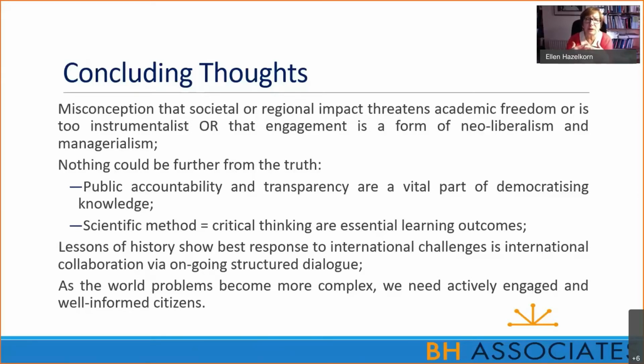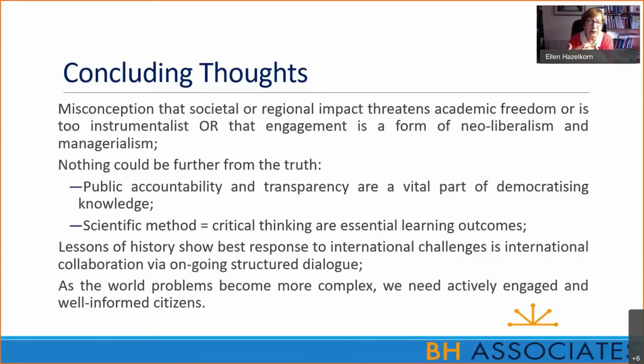Public accountability and transparency is a vital part of democratizing knowledge, and it is part and parcel of that shift from an elite society to a mass society of people who contribute to it. The scientific method that we talk about is equivalent to the notions of critical thinking that we say are essential learning outcomes, as defined by Bologna.